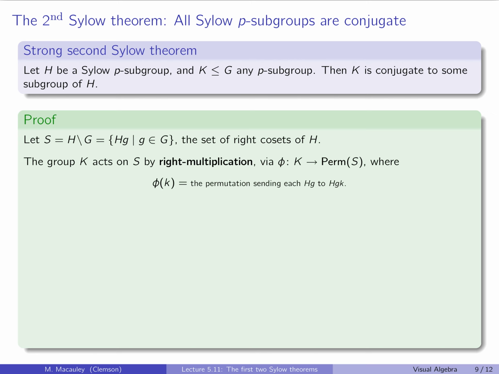So that is when we press the little K button, that's the permutation that sends each right coset Hg to HgK. So until the Sylow theorems and the previous lecture, we would normally have G act on a set of cosets. But now we're letting this subgroup, which might be smaller, act on the set of cosets. So it's like we aren't allowed to press as many buttons on the switchboard.